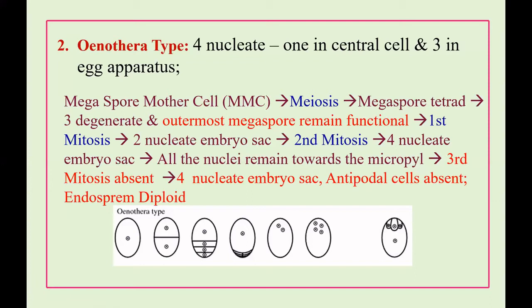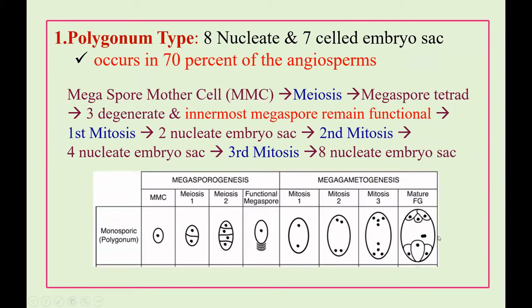So the endosperm, after fertilization, is diploid in nature. Normally, endosperm is triploid in nature because if you see in general, there are polar nuclei at the center. They will fuse with one nucleus from the pollen grain, and it will form a triploid endosperm.